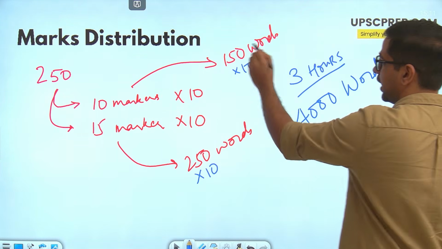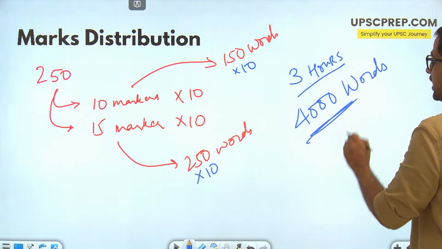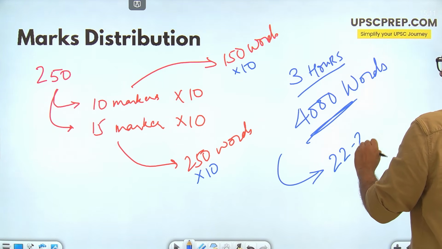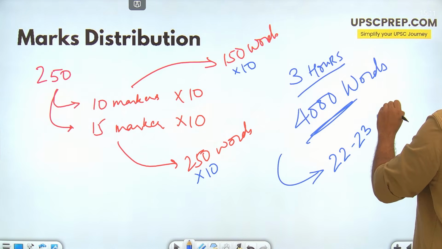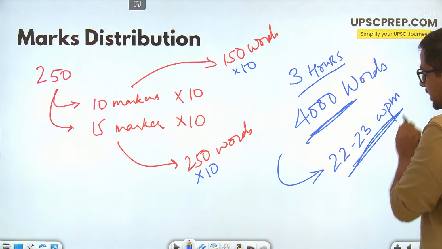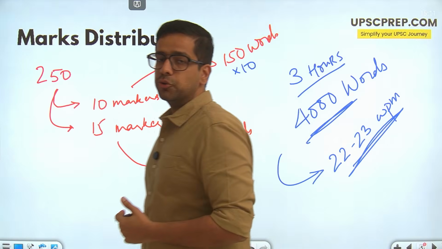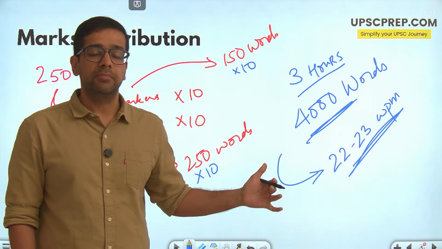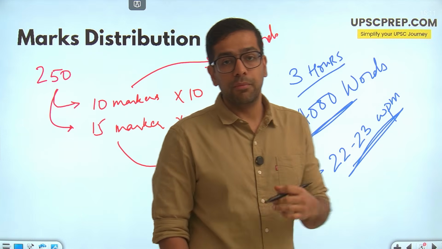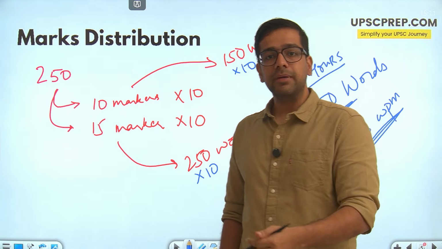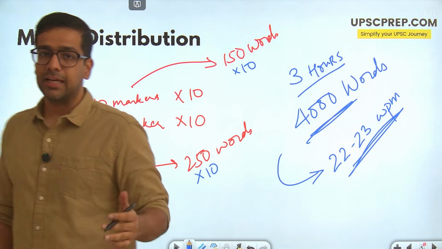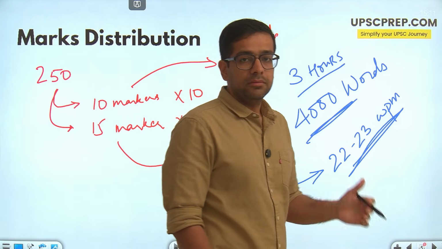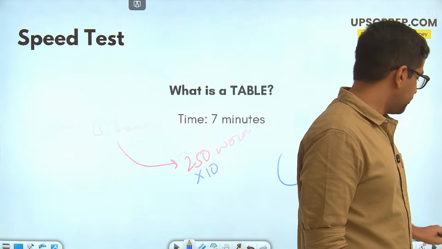So 2,500 and 1,500 gives you 4,000 words, which roughly translates to a writing speed of 22 to 23 words per minute. Meaning, itna very basic writing speed you should have, and this is when you're sort of writing non-stop, meaning you get started from the moment that you see the paper and then you keep writing continuously throughout that time.